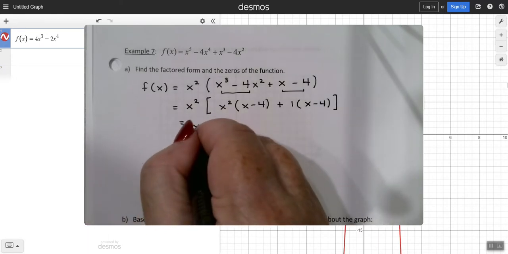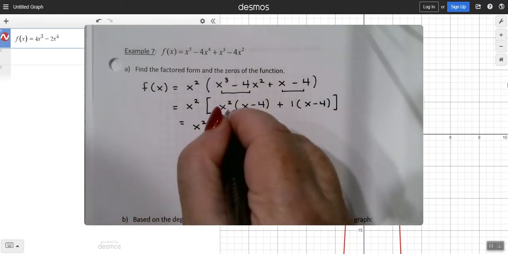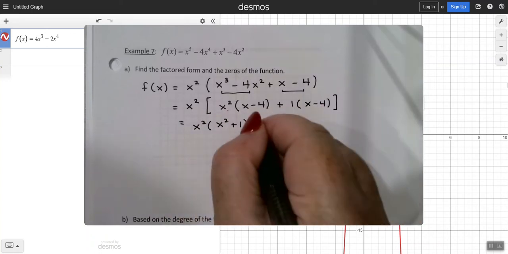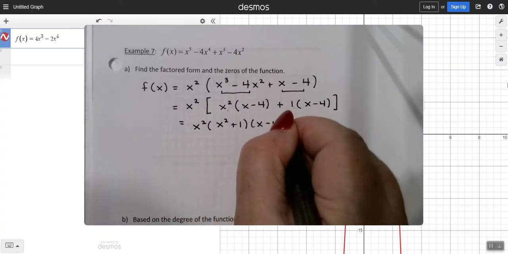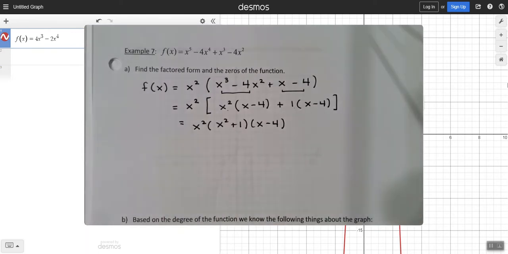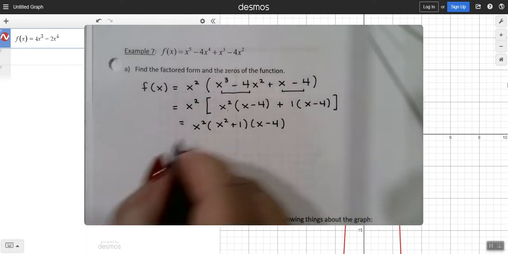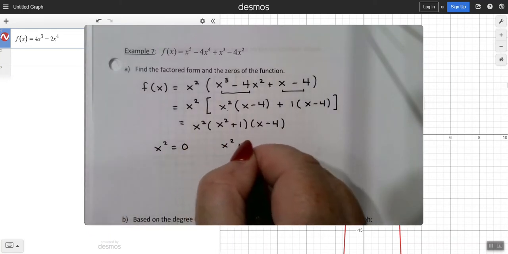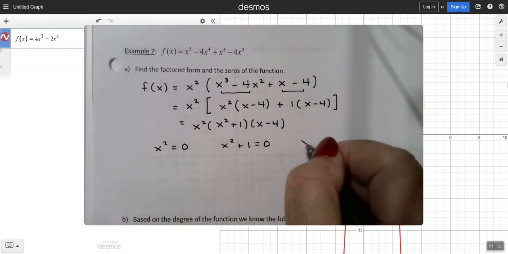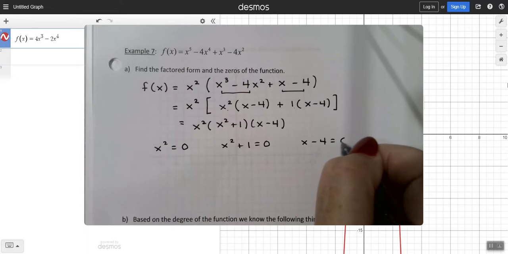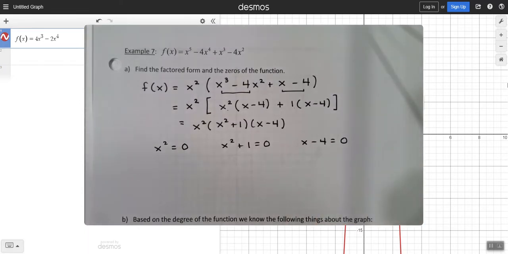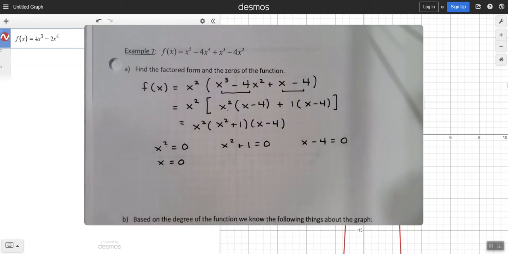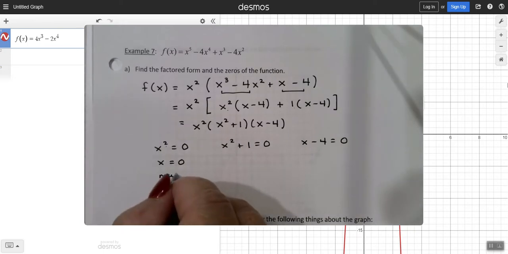And I have x squared times x squared plus 1 times x minus 4. So either x squared equals 0, x squared plus 1 equals 0, or x minus 4 equals 0. This is going to give me x equals 0 because of the square, multiplicity 2.